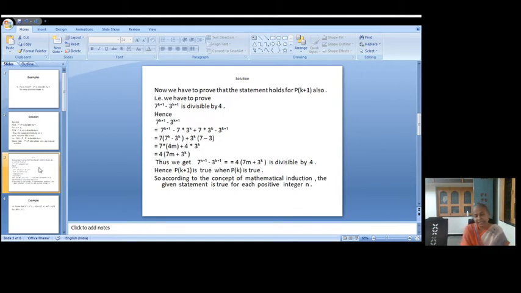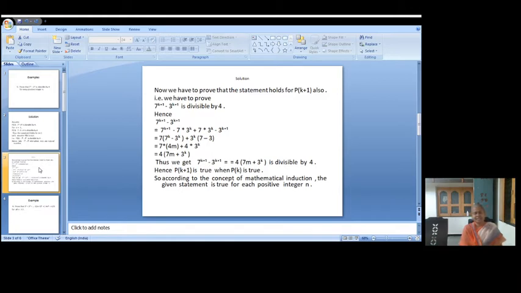7 minus 3, and thus the term can be written as 7 multiplied by the value of 7 raised to k minus 3 raised to k, which equals 4 times m, as we have taken in the last PPT, plus 4 multiplied by 3 raised to k, because 7 minus 3 is 4. Now 4 is common in both the terms, and therefore we take 4 in bracket 7m plus 3 raised to k.